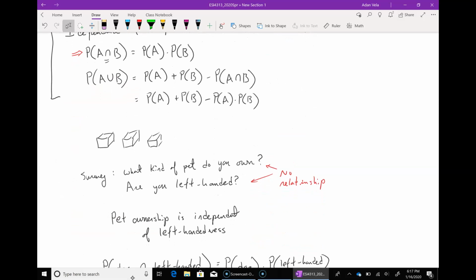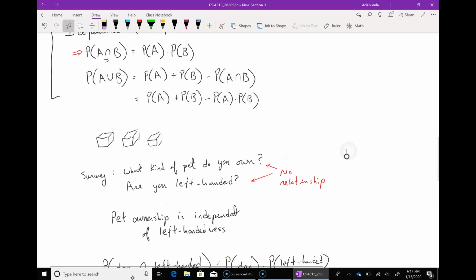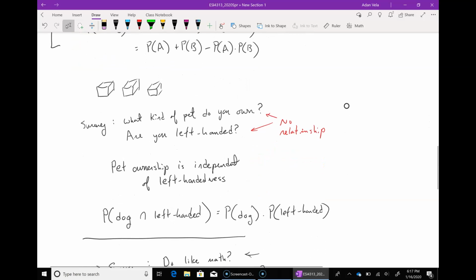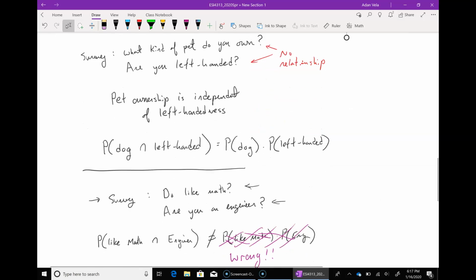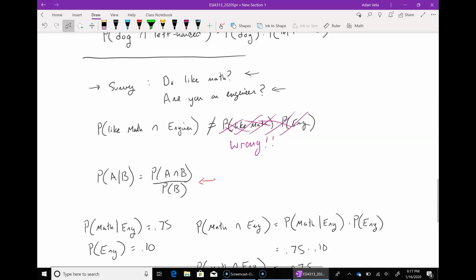We also talked about how you could have independence when you have different random variables, right? So you're asking different probability questions. So what kind of pet you own is independent of whether you're left-handed or not. Now, there are certain probability problems where two pieces of information are related, like do you like math and are you an engineer?